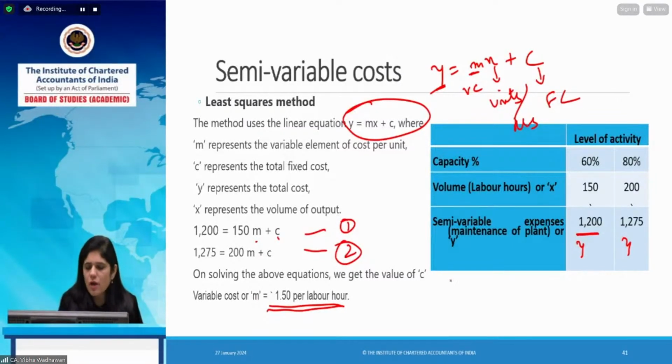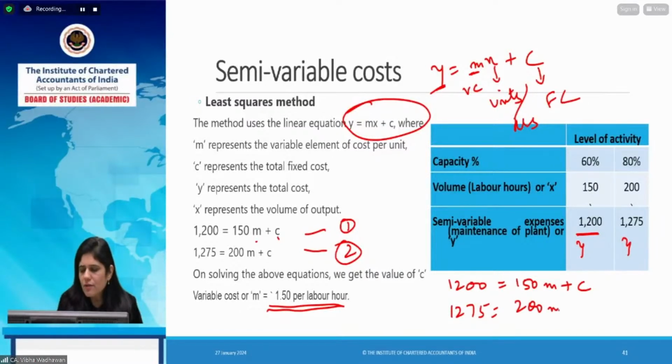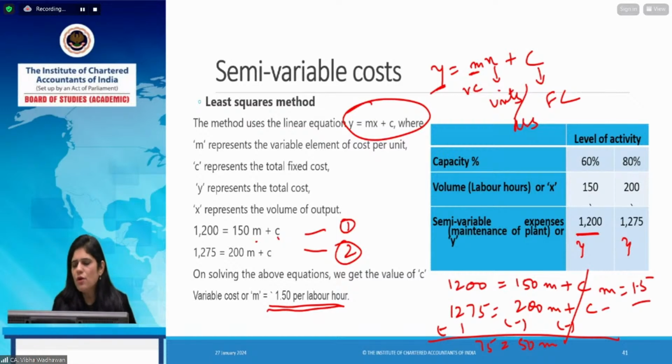I hope you know how to solve the equation. 1200 = 150M + C. 1275 = 200M + C. So you just change the signs. This is basic maths, all right? So C will be nullified and you get 75 = 50M. So M = 1.5. M is what? Variable cost.